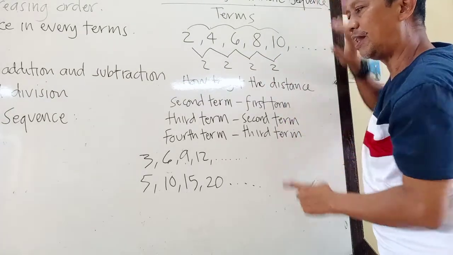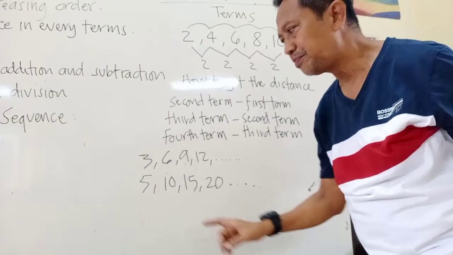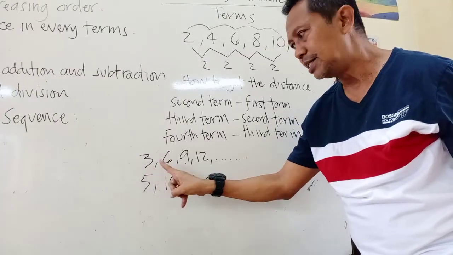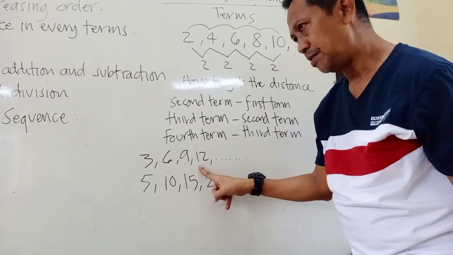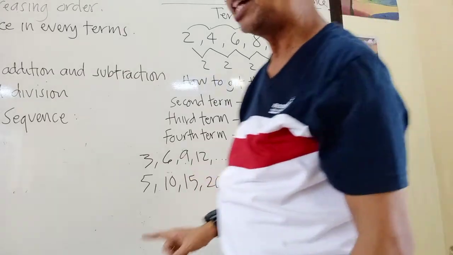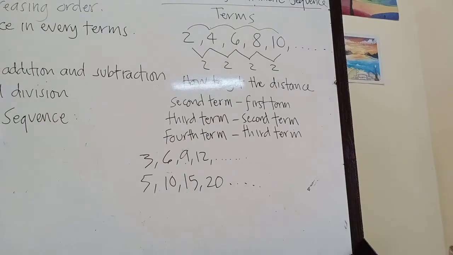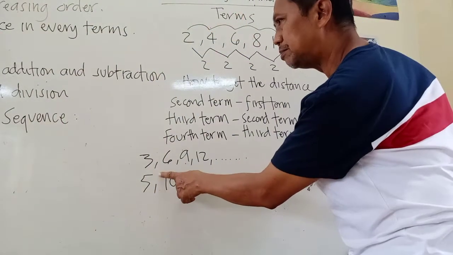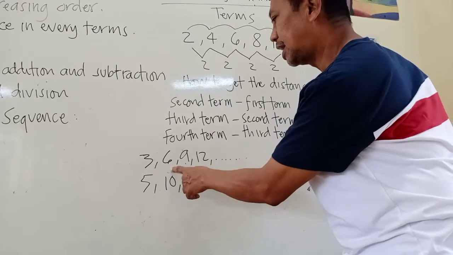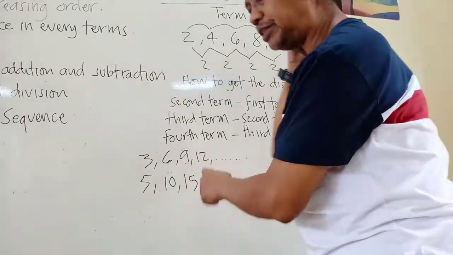For example, another example, 3, 6, 9, 12. Can you identify how many terms? First term, second term, third term, the fourth term.